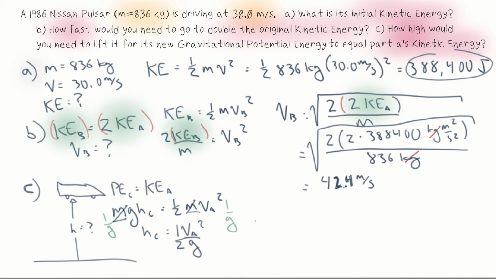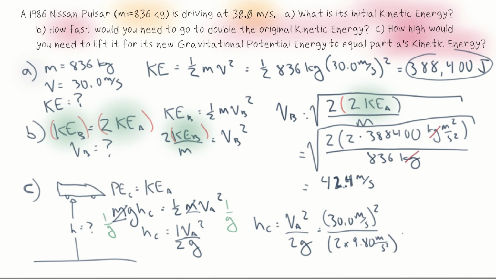In hindsight, maybe not the easier approach, but that's VA squared over 2G. Meters per second squared divided by 2 times 9.80 meters per second squared. Remember, don't put a negative sign in front of G unless you're in a kinematics equation. At least that's the way I play it.